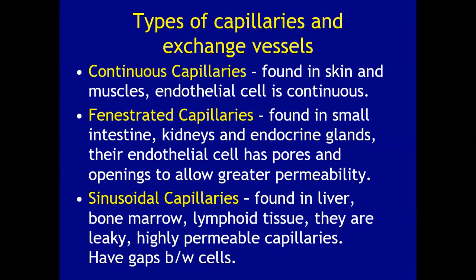We've got 3 different kinds of capillaries, and I'm going to really say we have 4 different kinds, because with the continuous capillary, we've got 2 different kinds of continuous capillaries. Continuous capillaries are the ones that we think about everywhere. They're found in the skin, the muscles, pretty much all over our body, and we say the endothelial cells are continuous, meaning they are all butted up to each other.